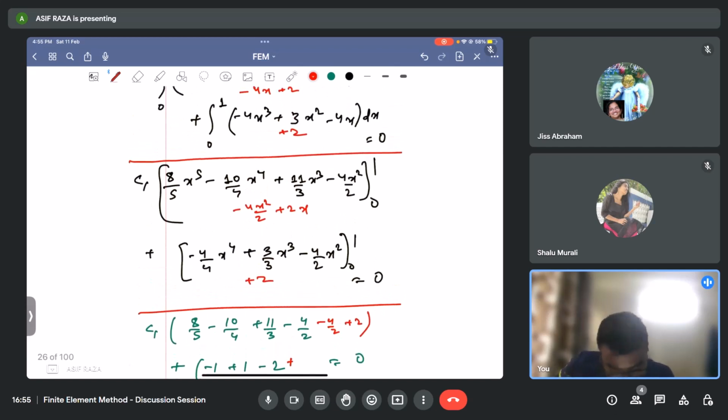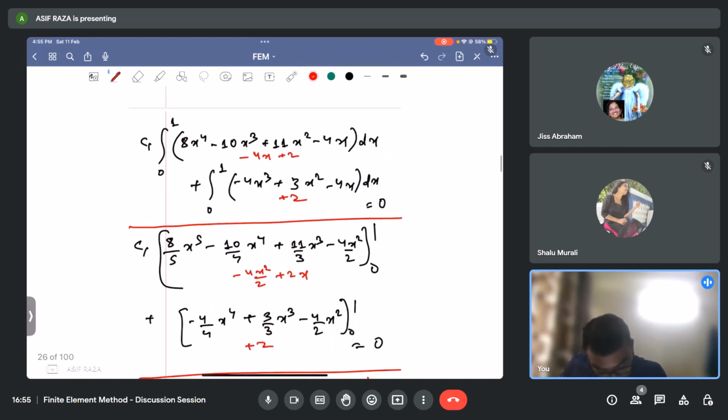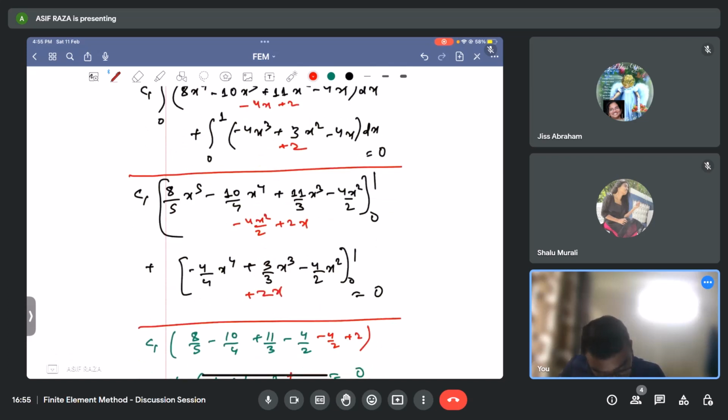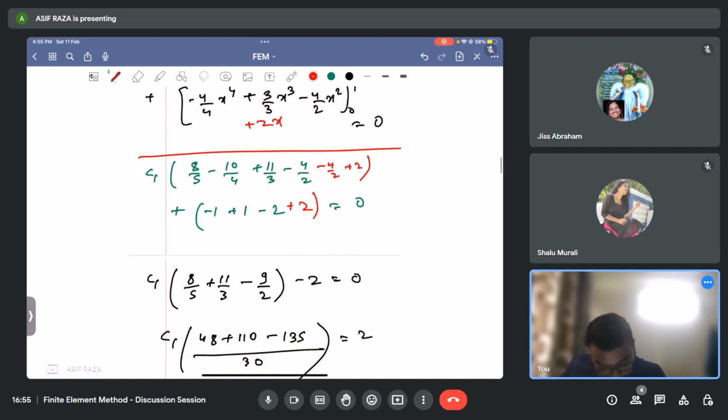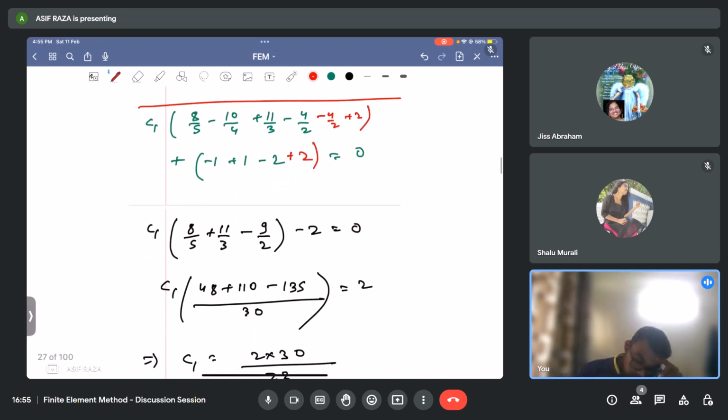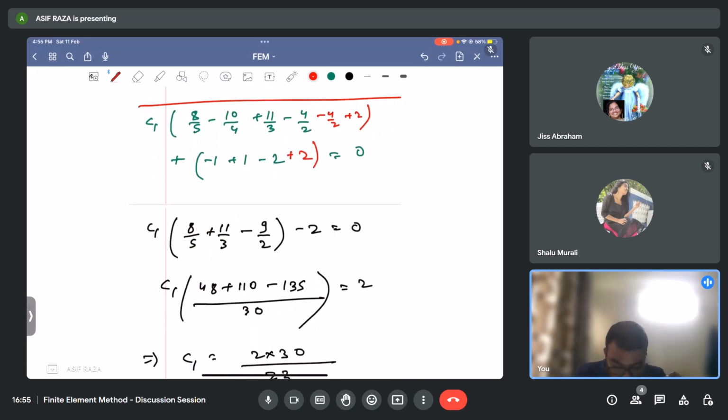Acha, we have to integrate it. 4x square by 2, this will be 2x, so this will be 2 only. What is it? It came out to be 0.